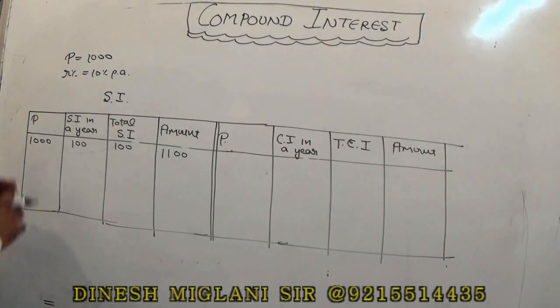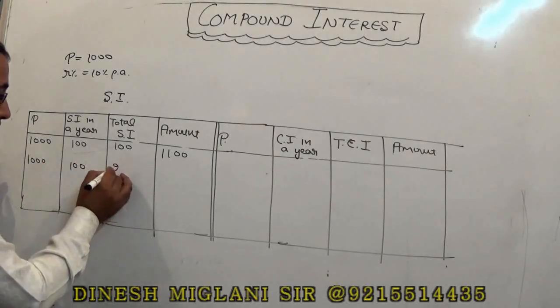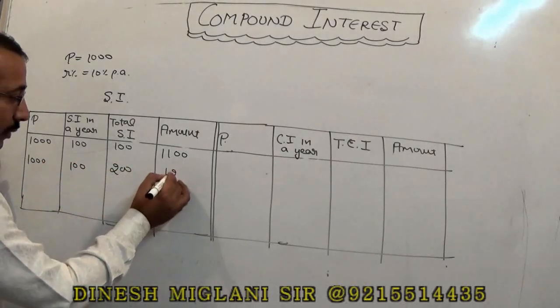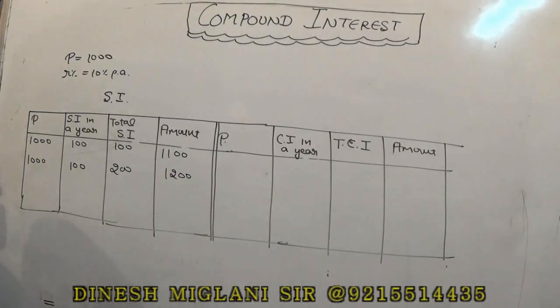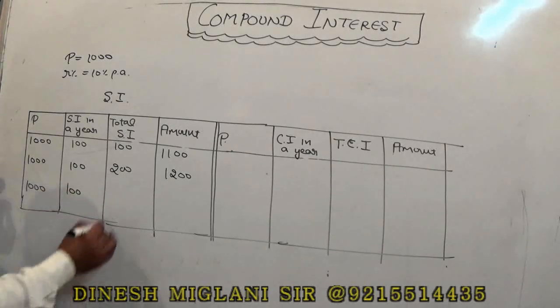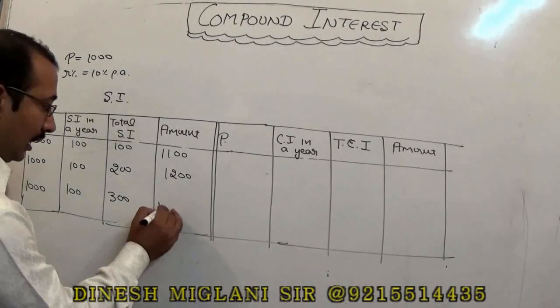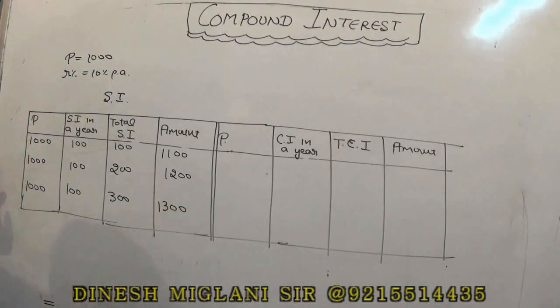It means my principal will be same as 1000, interest in second year is 100, and 2-year interest is 200, and amount becomes 1200. Similarly, in third year, principal will remain same 1000, simple interest in third year is 100, total simple interest in 3 years is 300, and amount is 1300.